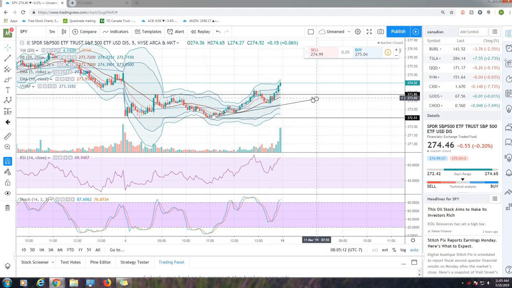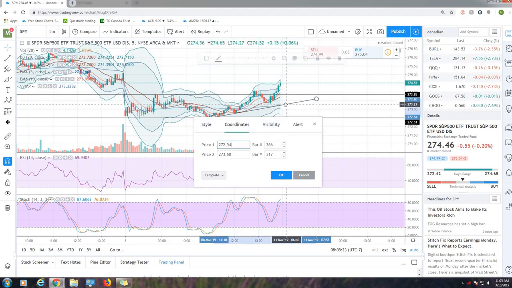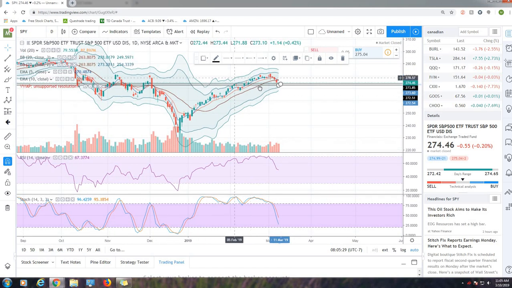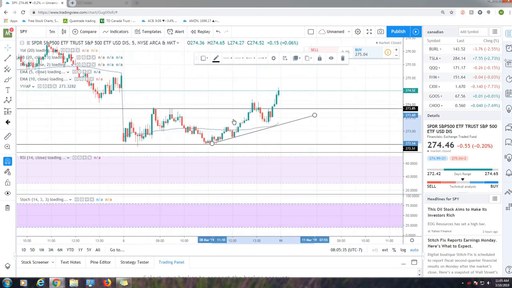I'll do another video explaining more of how we do them and the thought process behind it later. Another thing you can do: if you're looking at the daily chart with all this stuff, it gets really crowded. Sometimes you'll have 10, 20, 30 support and resistances on the 5-minute and it gets really crowded.